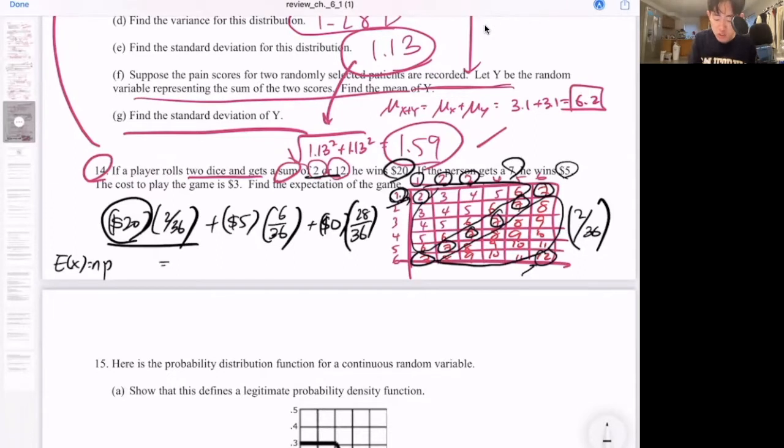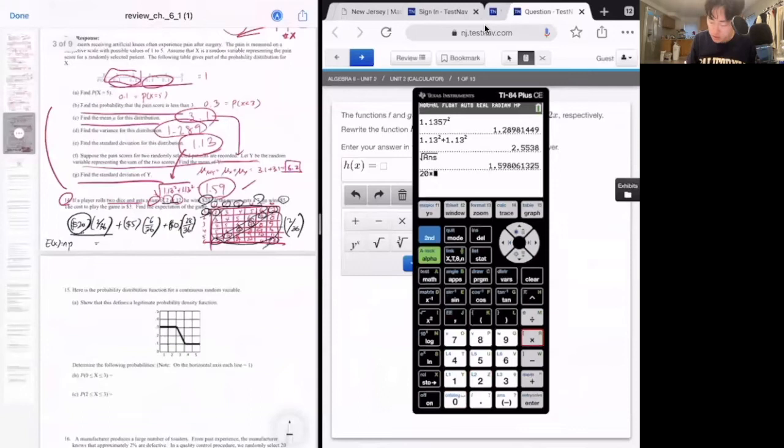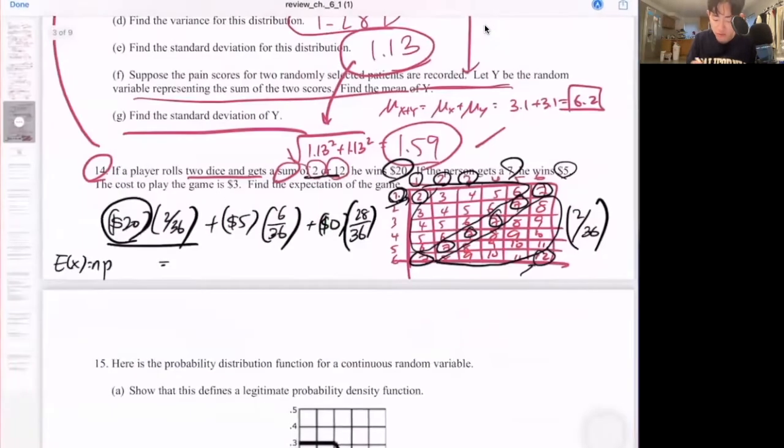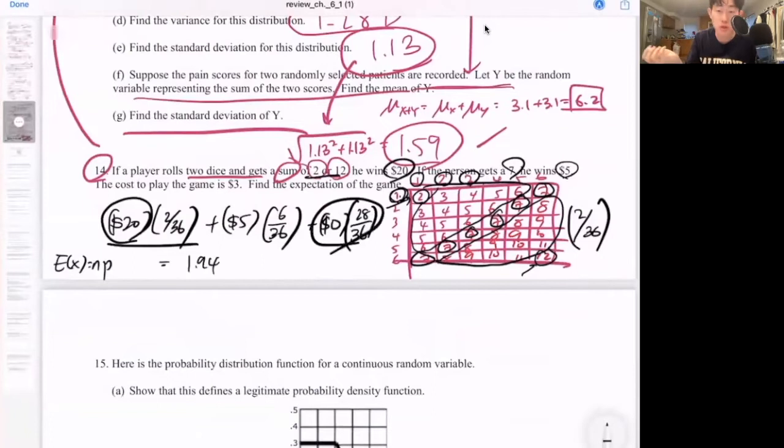So when you do this on a calculator, you go 20 times 2 out of 36, plus 5 times 6 out of 36, plus this answer. I get 1.94 as my final value. That's 0, so I don't really have to worry about that. So your expected value is that you get about $1.94 every time you play this game.